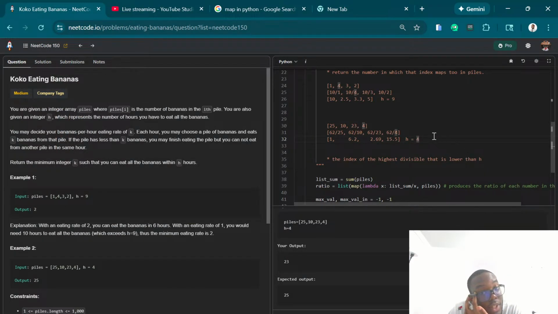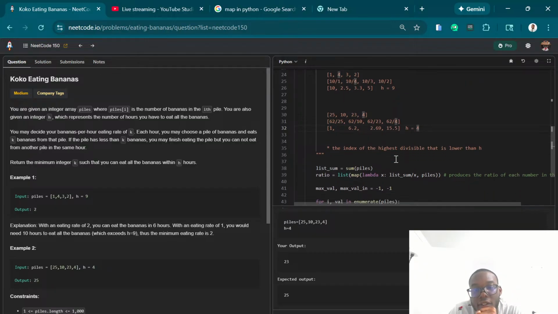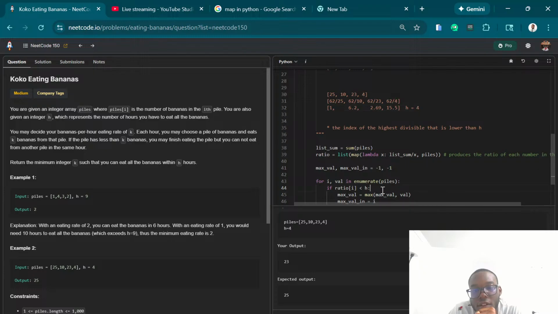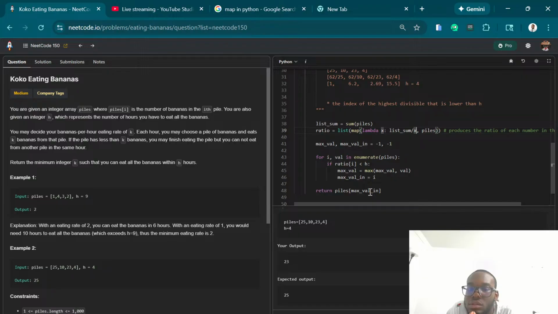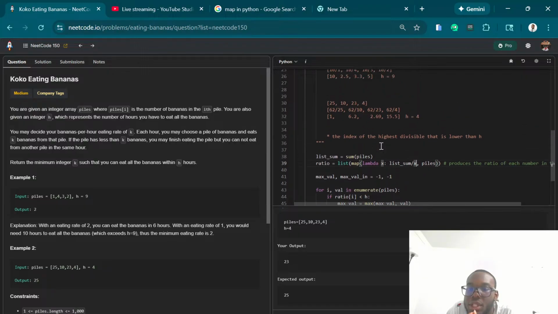So yeah, if that ratio is less than H and that ratio is less than H. Oh, then we're supposed to get the minimum of it, right?